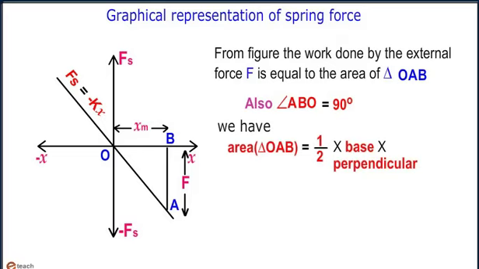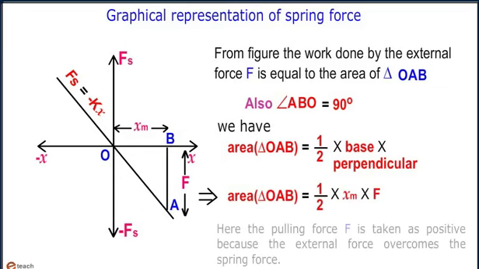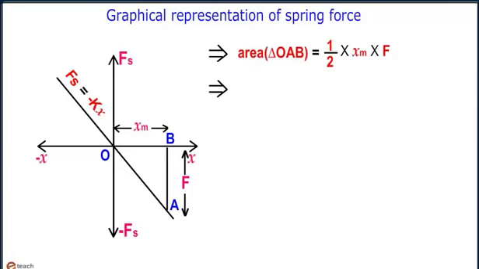On substituting values of base and perpendicular in the equation, we get area of triangle OAB equals half xm into F. Here, the pulling force F is taken as positive because the external force overcomes the spring force. Hence, area of triangle OAB equals half k xm square.